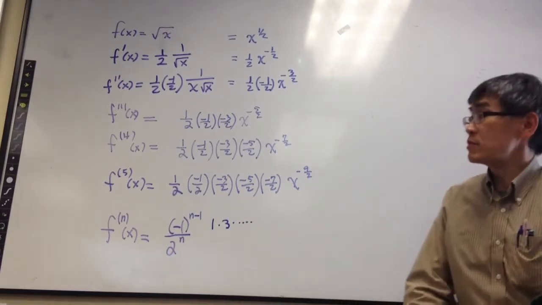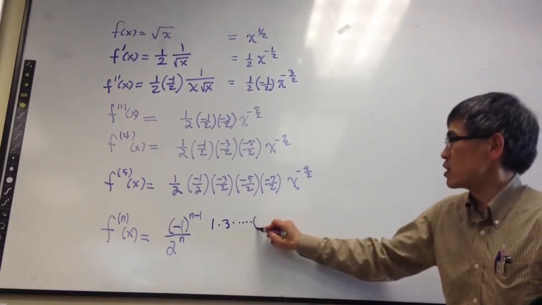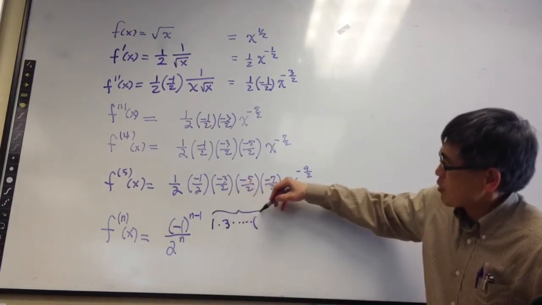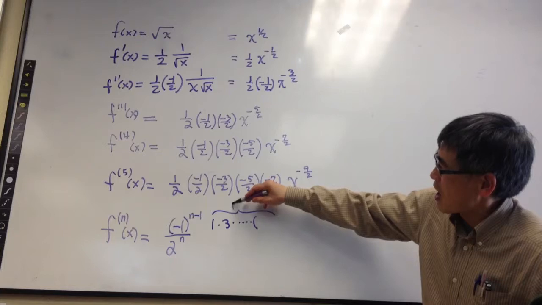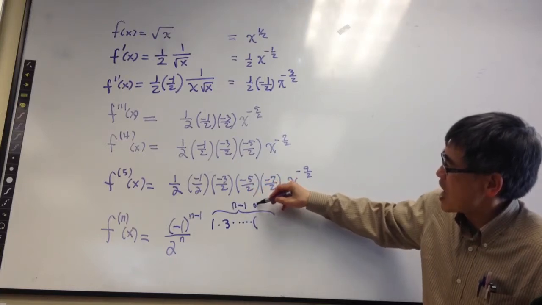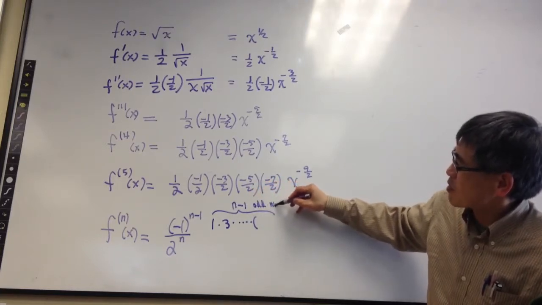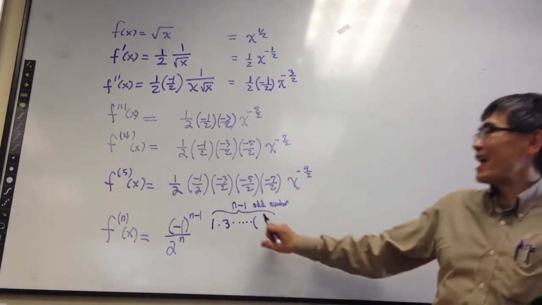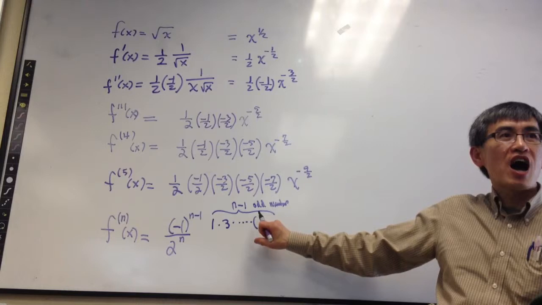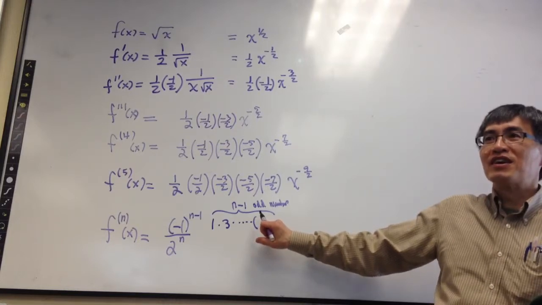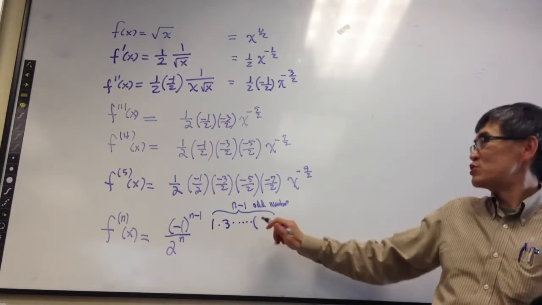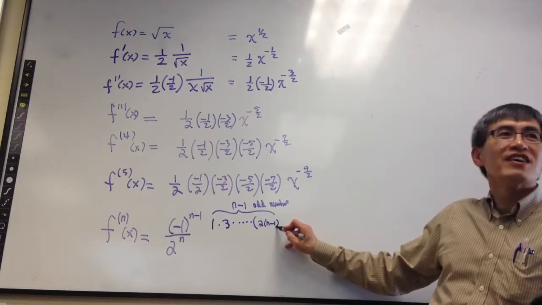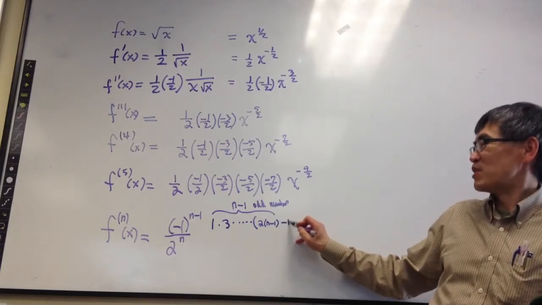What I meant to say is that there are n minus 1 odd numbers. Is that right? So what is the n minus 1th odd number? Wouldn't that be twice n minus 1, minus 1?